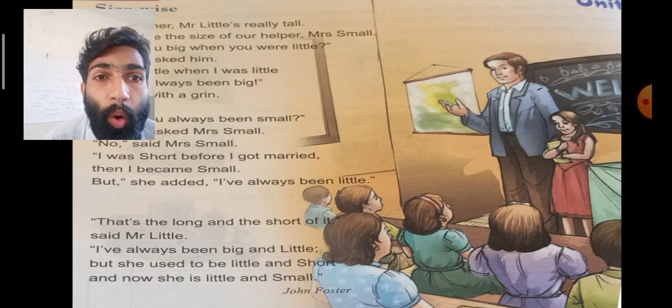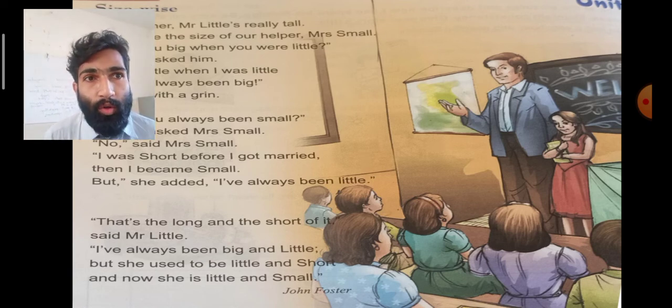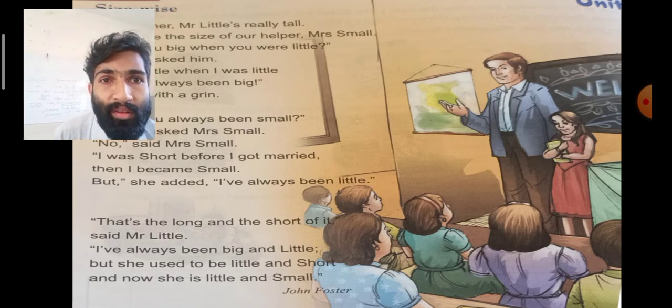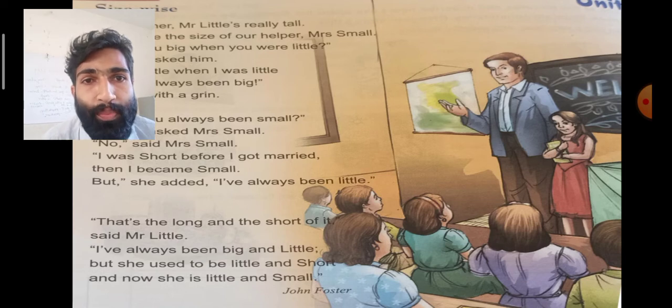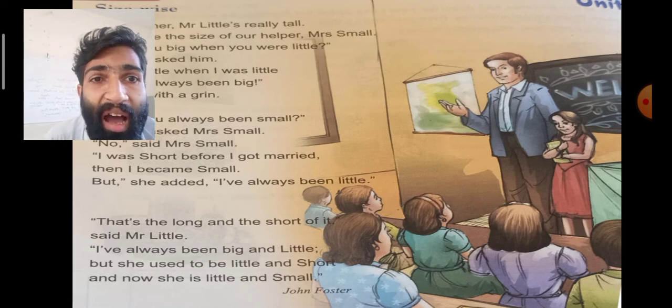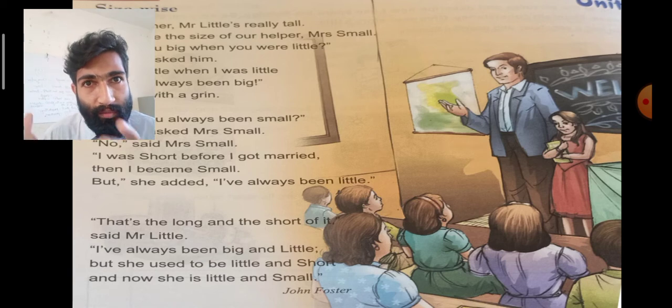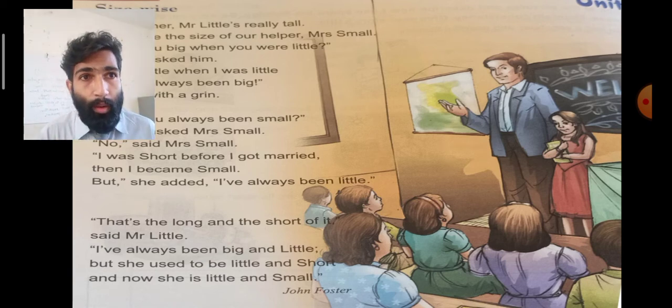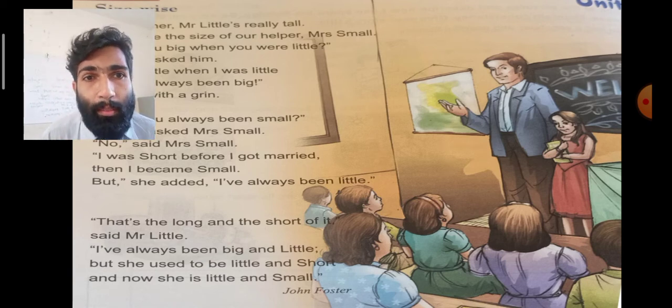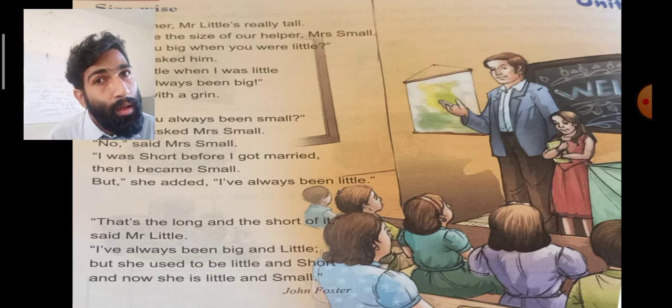"That's the long and short of it," said Mr. Little. That's an example like that: he was tall and she was short. "I've always been big and little," he said. His size was big and his name was always Little, from childhood and now that he is a teacher.